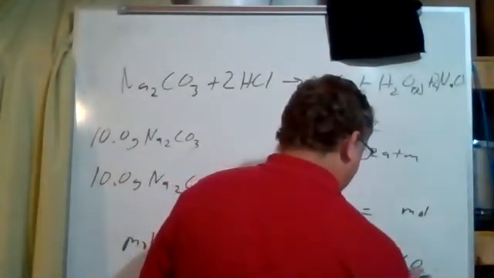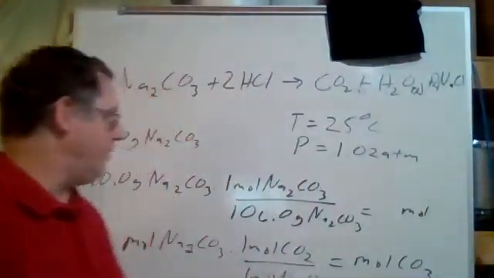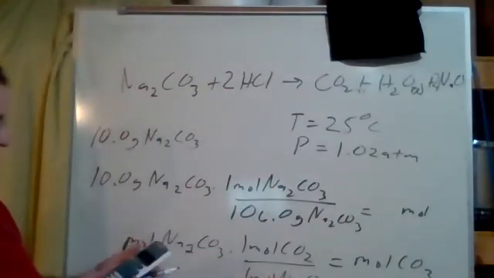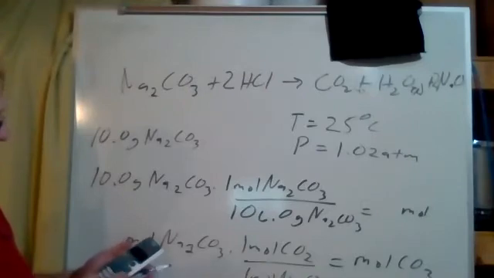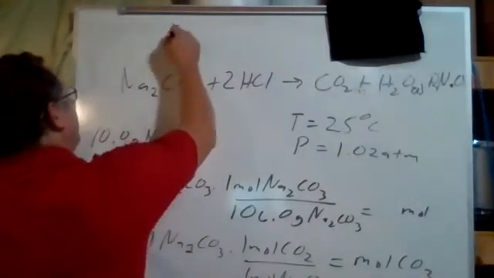Notice that I've left the button punching for you, but I'm going to go ahead and do that right now because I need this number for the next step. So I'm going to take my calculator and find that I get 0.0943 moles.